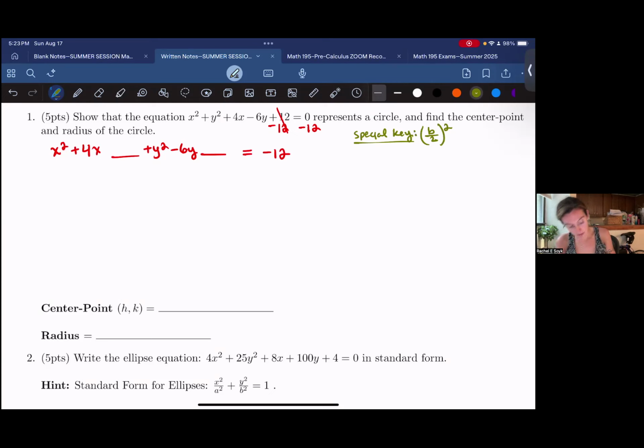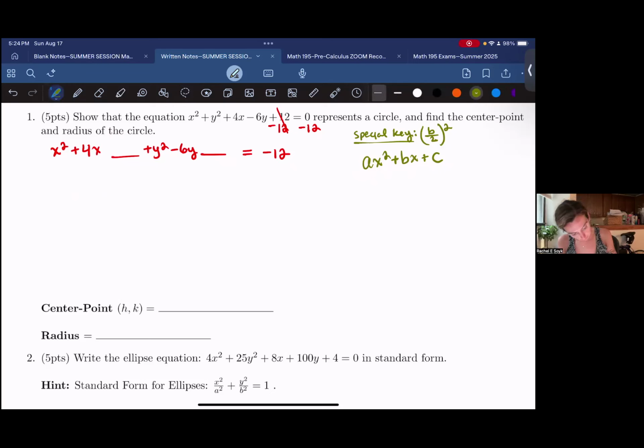And that b value is just when you're thinking about your general equation of a quadratic, ax squared plus bx plus c, where that b value is very easily identified now that we're just comparing the forms. It's 4 for our x, and then it's -6 for our y quadratic. So maybe I'll put that off to the side as well.